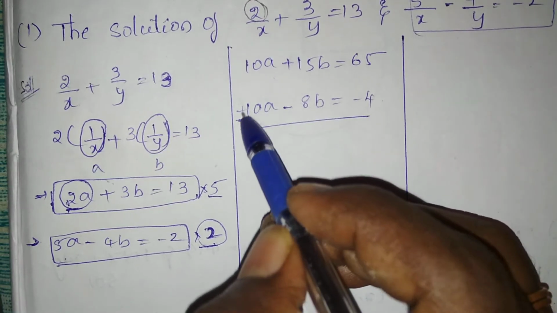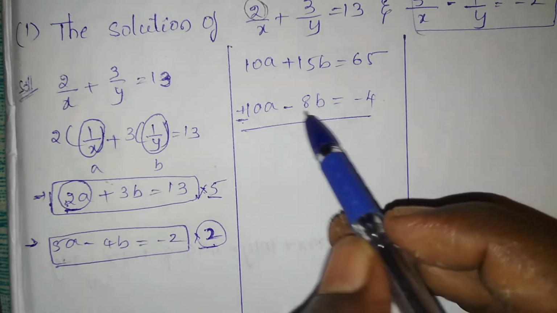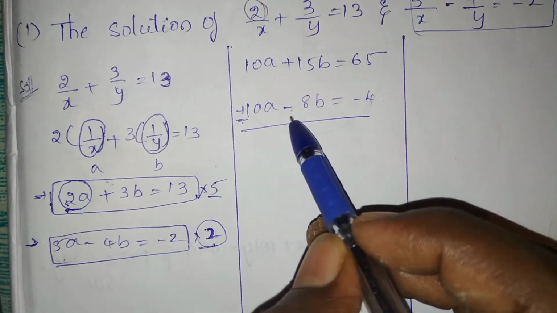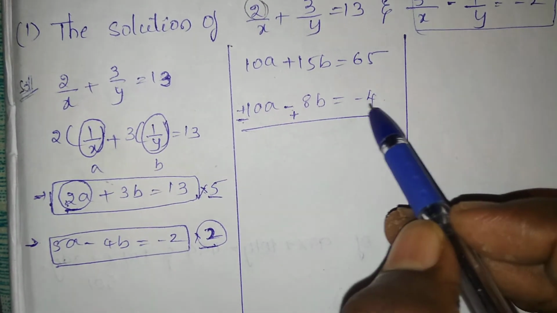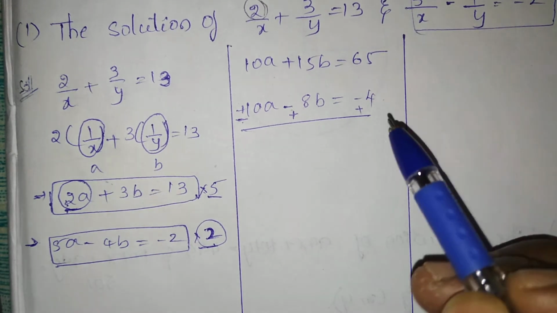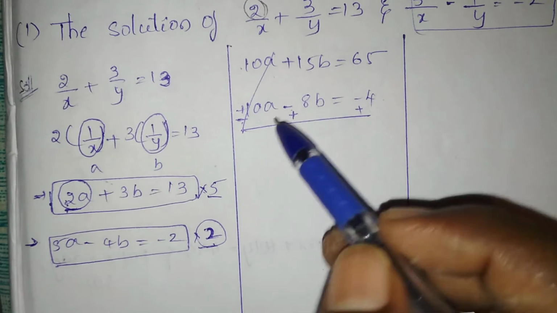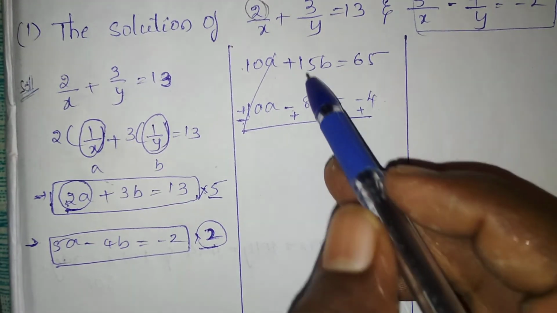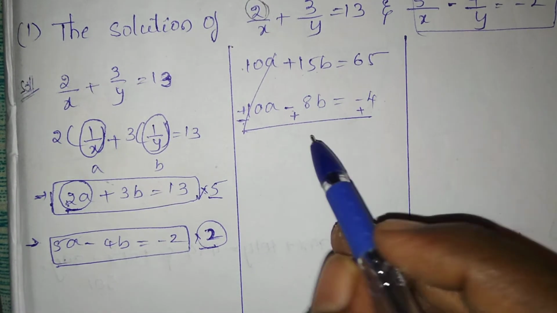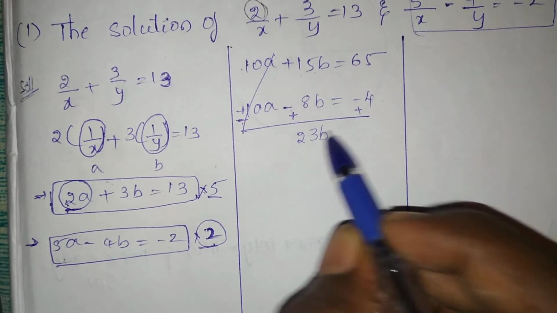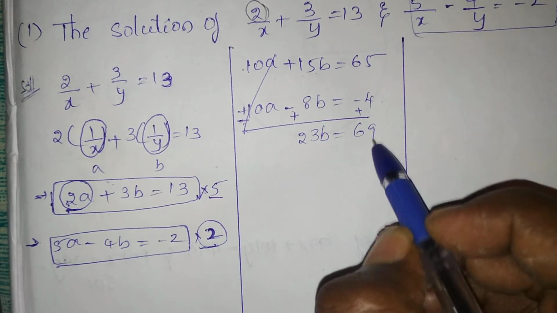Here it is positive, so I am taking negative. If it is negative, I am going to take positive. The positive and negative signs get cancelled and we remain with 15b plus 8b. That becomes 23b is equal to 69.